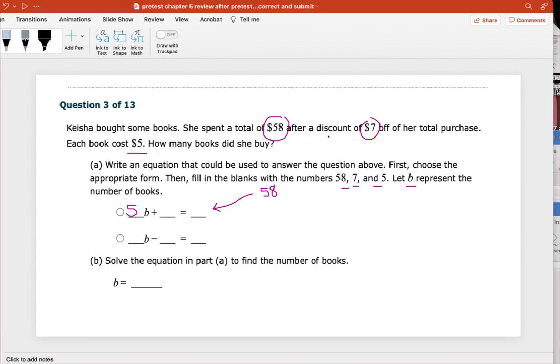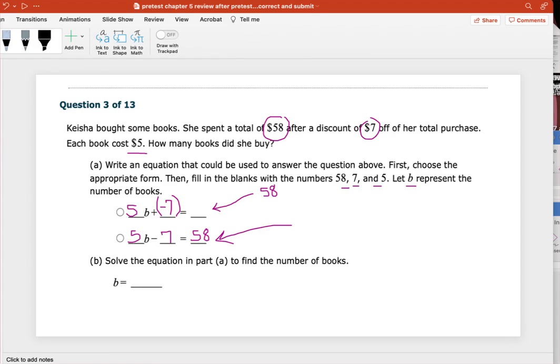However, a discount is going to be a minus. Now we could make that a plus a -7, but it would probably be more appropriate to use this equation down here. So 5b minus 7 is 58.